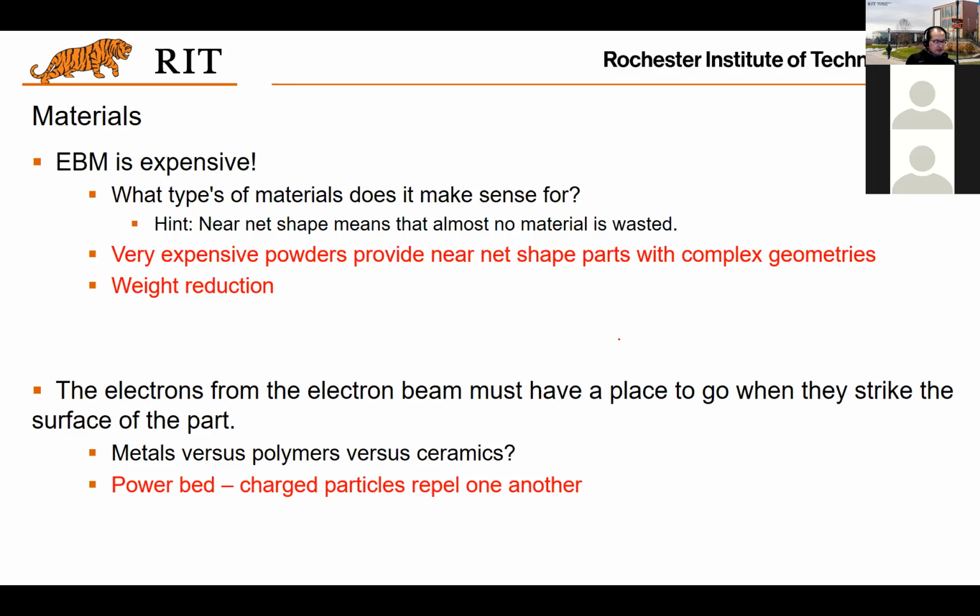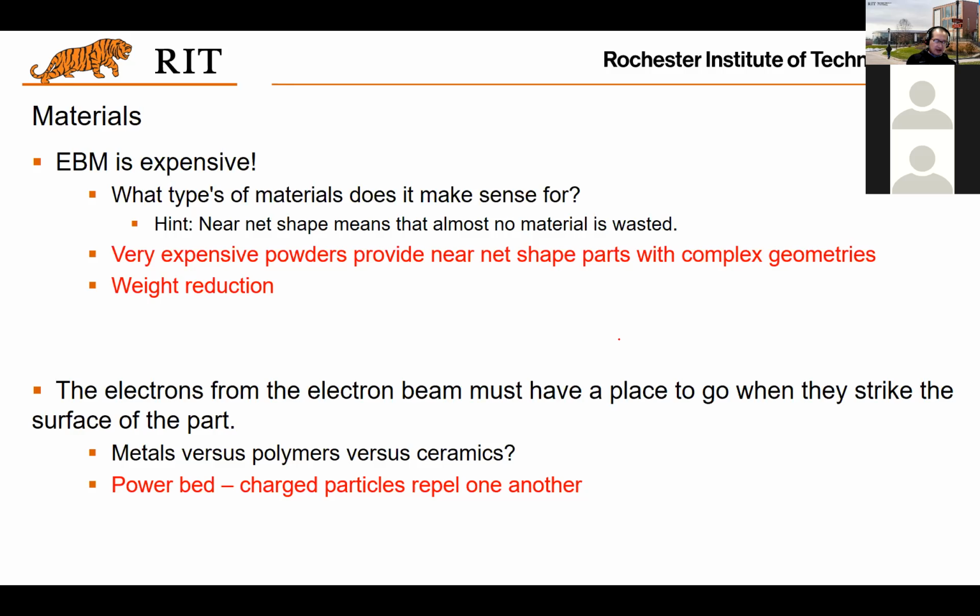Another thing is that the electrons from the electron beam must have a place to go when they strike the surface of the part. In that case, this process can work well with electrically conductive particles.